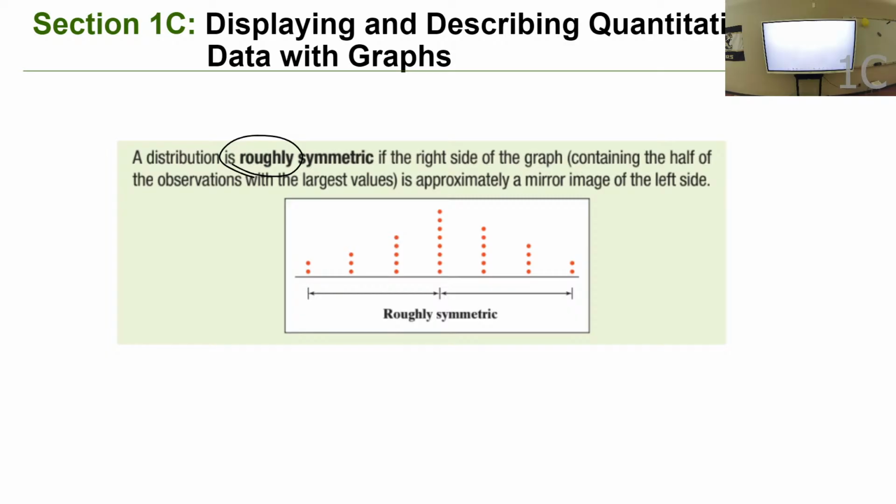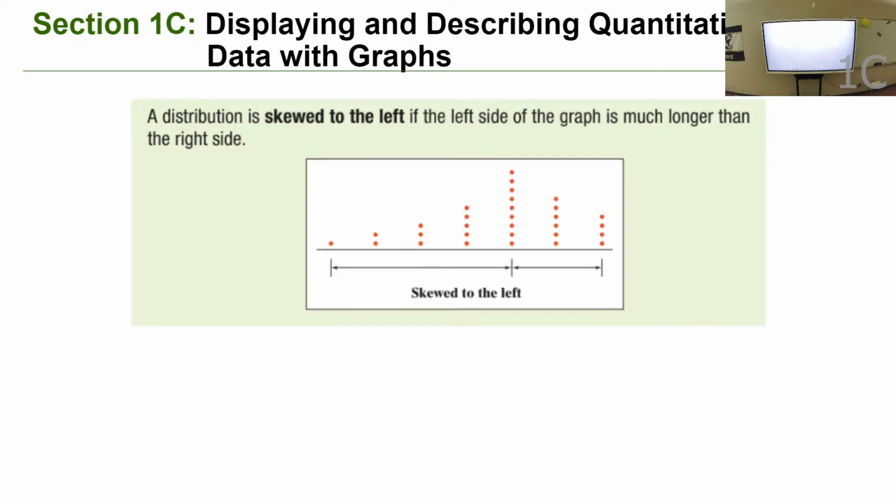I call them squishy words. There's a roughly symmetric graph. It starts low, goes high, and comes back low. The left side kind of looks like the right side. Everybody okay with that one?